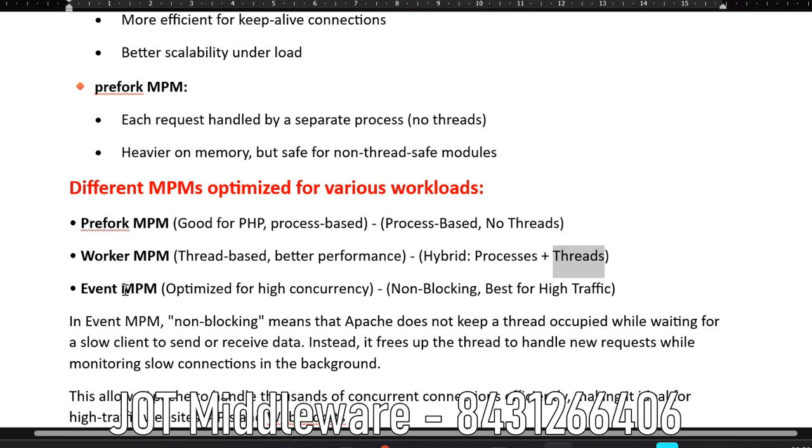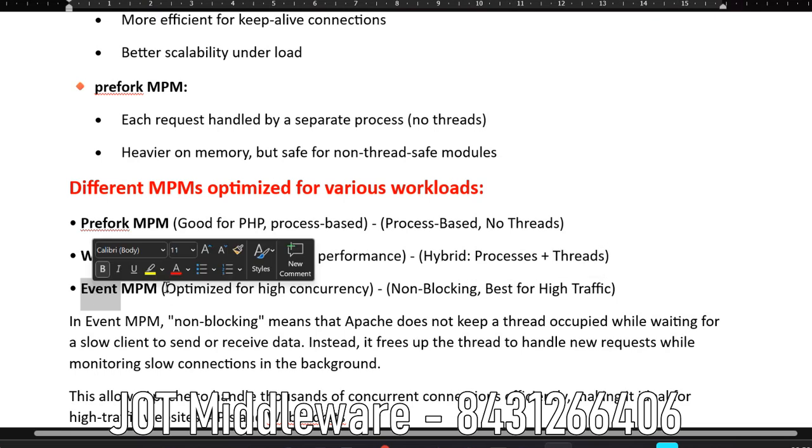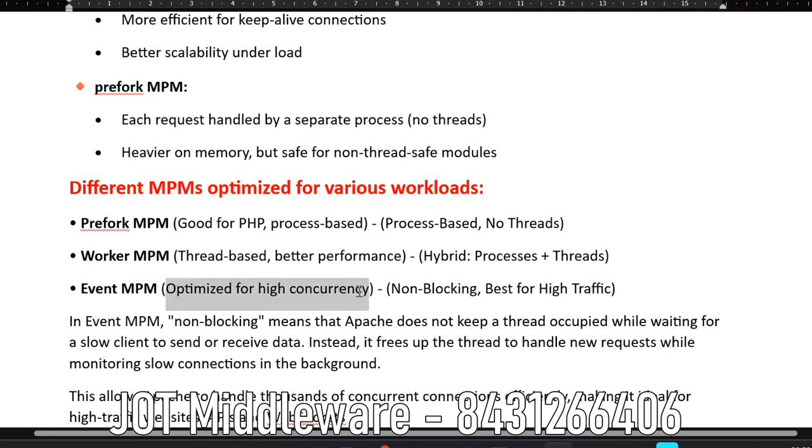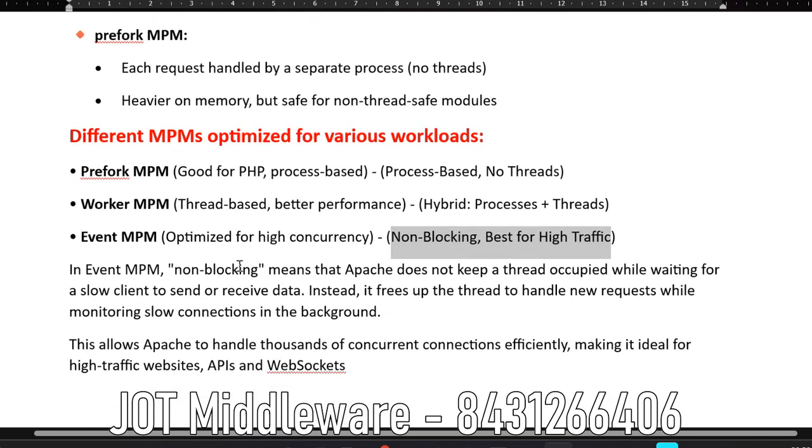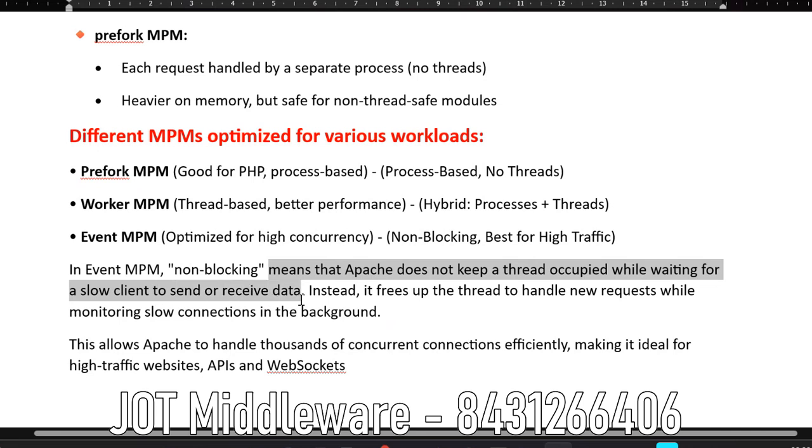And event MPM is optimized for high concurrency, uses non-blocking, and is better for high traffic. So in event MPM, non-blocking means that Apache does not keep a thread occupied while waiting for a resource or a slow client to send and receive data.